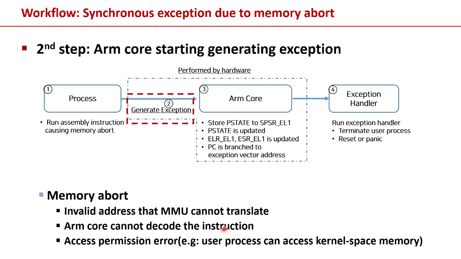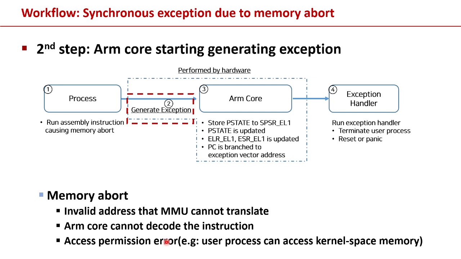Another reason of memory abort is that an application tries to access an address that is only accessible from the Linux kernel. This is one of the typical examples of an access permission error. From the software point of view, you may want to know which code will cause memory abort.